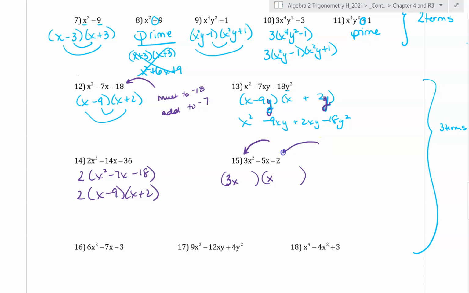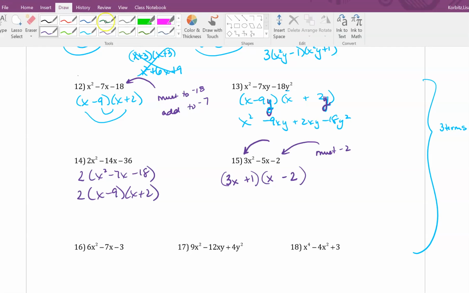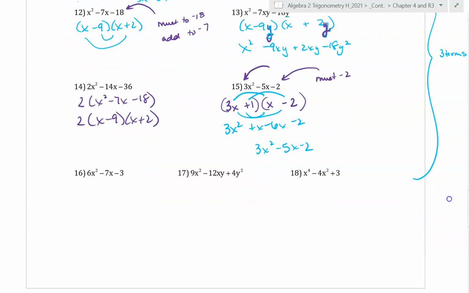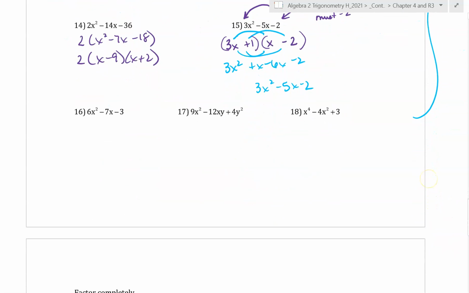And now we still are looking for numbers that multiply to give you -2, but they won't necessarily add to -5. So let's just try, how about a -2 and a 1. So now we have to test it. Go ahead and multiply it out. We have 3x squared plus x minus 6x minus 2. So that's the answer. Go ahead and pause the video and try 16, 17, and 18.